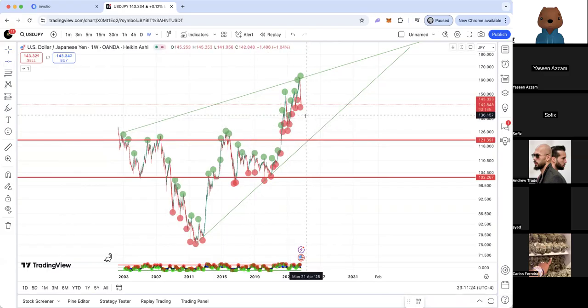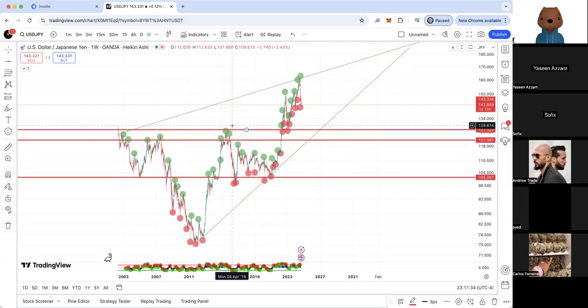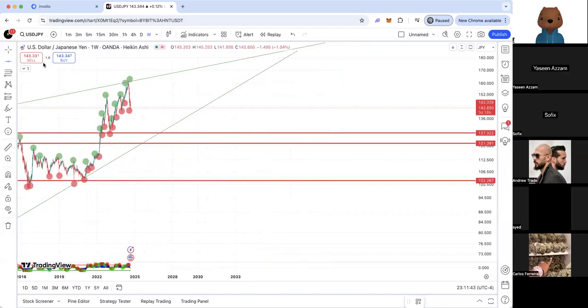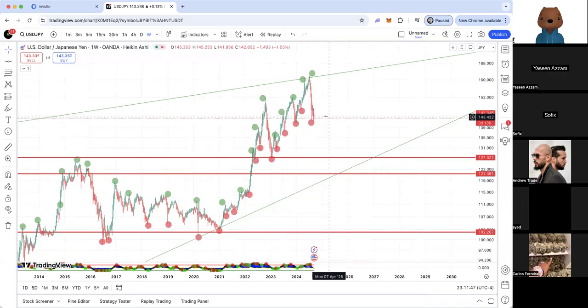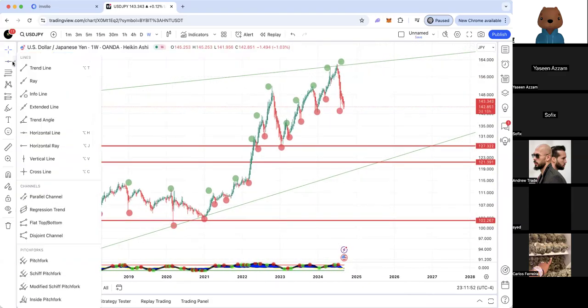And maybe something like right here. Yeah. So these are kind of our levels here. And we could see the price obviously created some strong supports by itself as well.